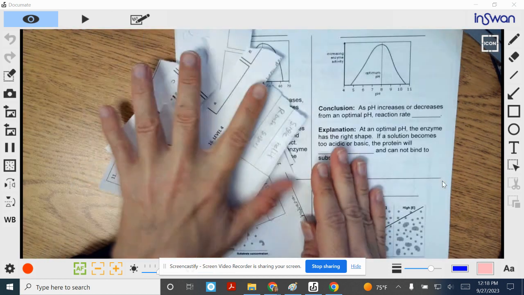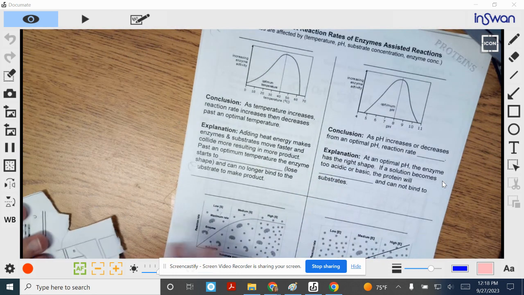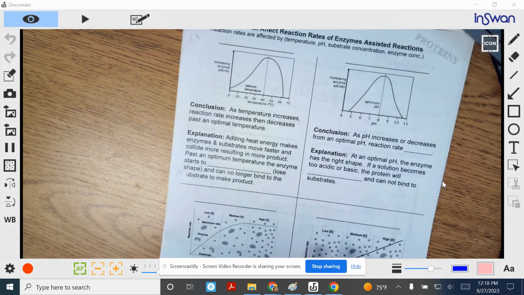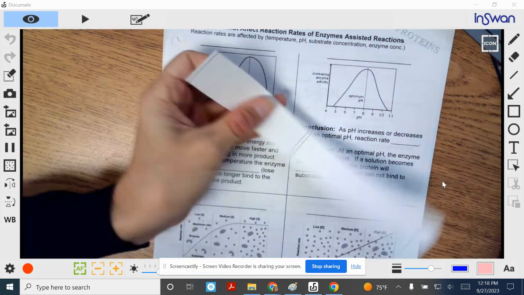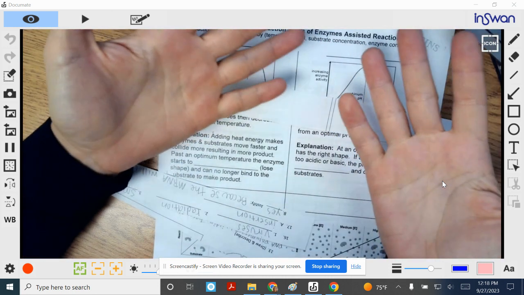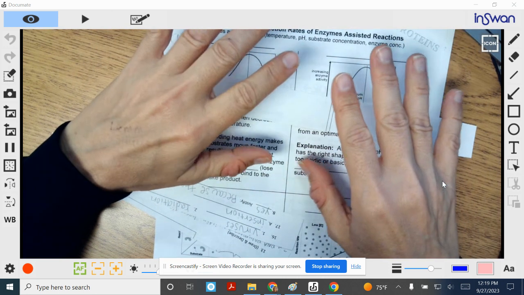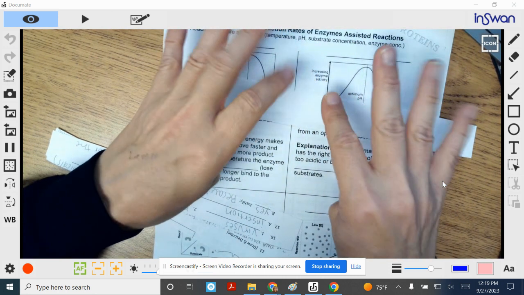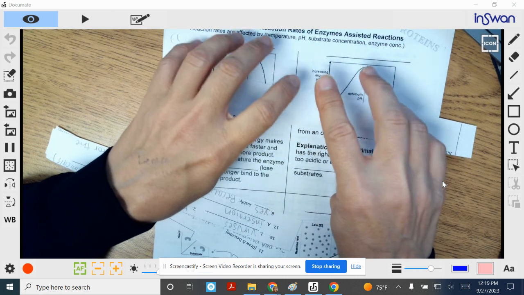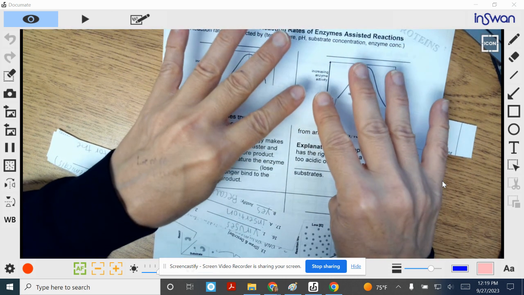Now, imagine if I try to catalyze this reaction and my enzyme has been denatured. So it's the wrong shape. Now, my enzyme with its different shape looks like this. I won't be able to use my thumbs.